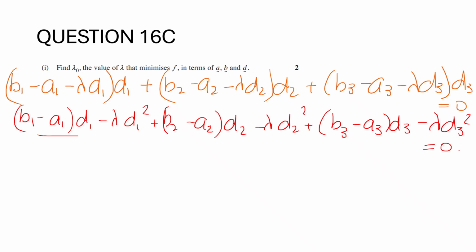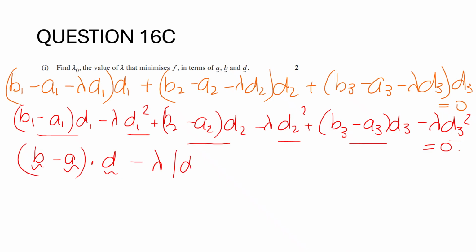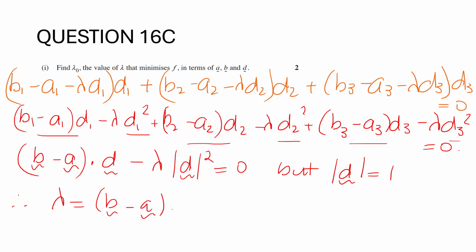And we know this is the dot product, B take A dot D, take away lambda, and D1 squared plus D2 squared plus D3 squared is the magnitude of D squared, which is equal to 0, but magnitude of D is equal to 1. Therefore, lambda is equal to B take A dot D. We're wanting to find lambda naught, which is the value of lambda that minimizes f in terms of A, B, and D, and there it is.